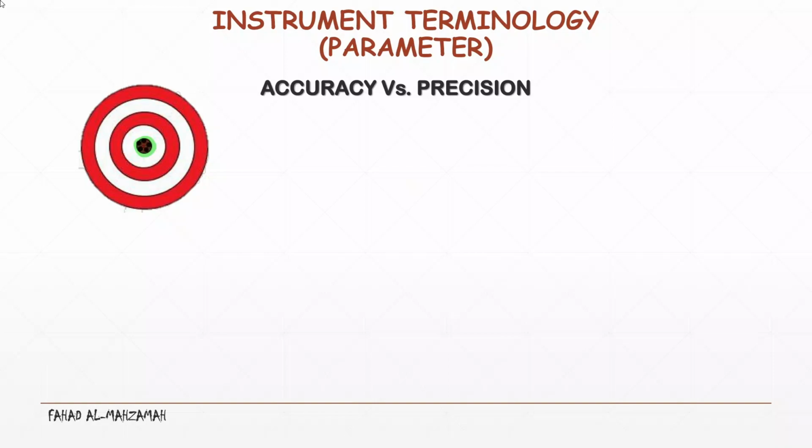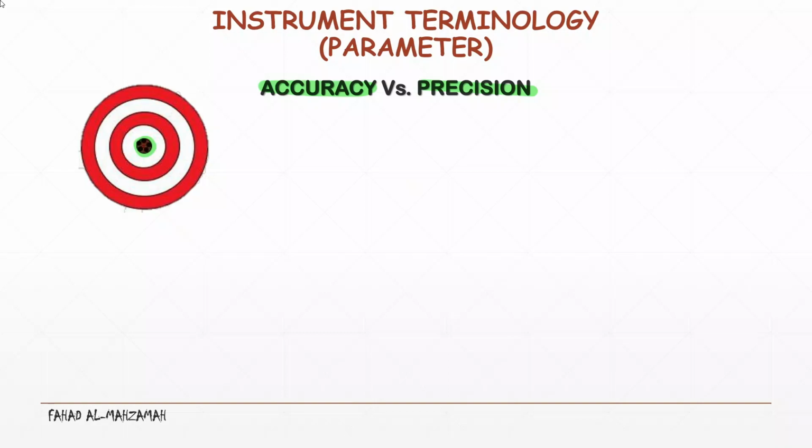For accuracy, we say it is how close the measurements are to the true value. So it is close to the true value or not. In precision, we said it is how close the measured values are to each other, whether it's far from the true value or on the true value. In the case of accuracy, if it's close to the true value, we'll say it's high accuracy.